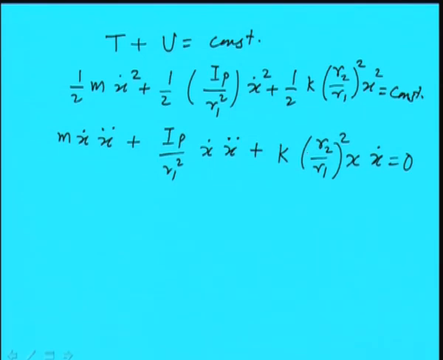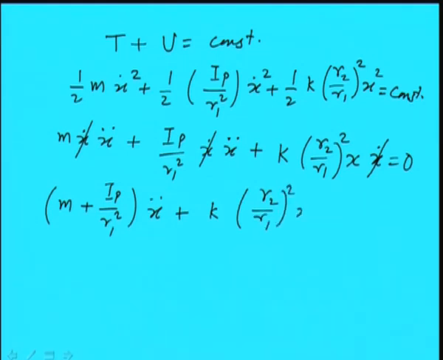If we simplify this, we can take the common terms. Like x dot is common throughout, so we can take it out. So (m plus IP over R1 square) x double dot plus k (R2 by R1) whole square x is equal to 0.